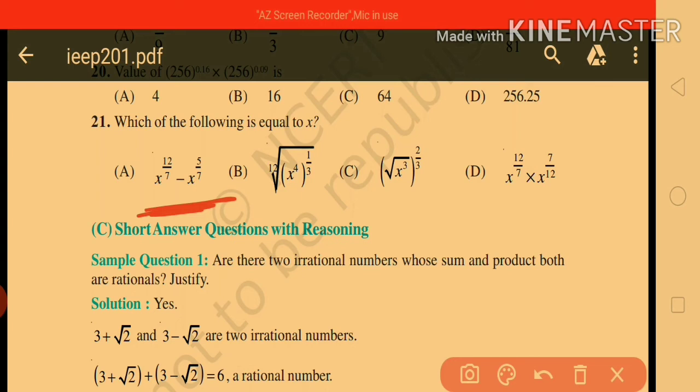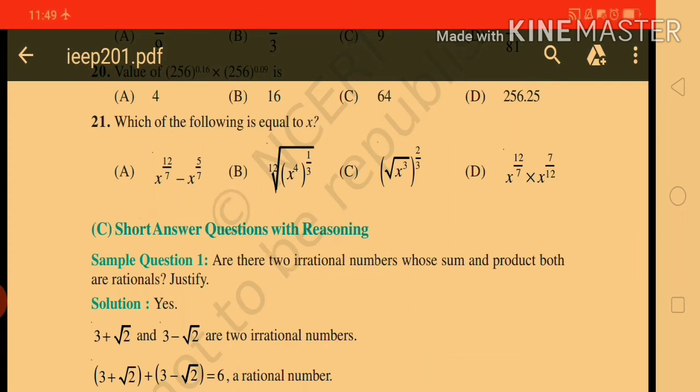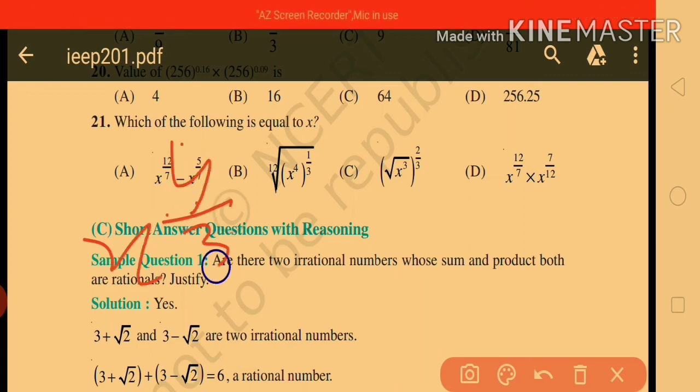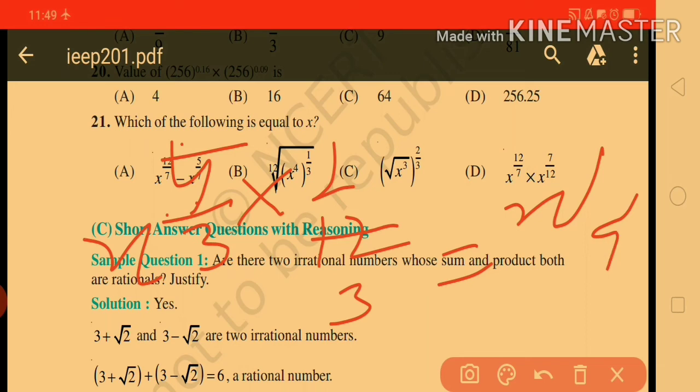So see here, this is x raised to 4 by 3, x raised to 4 by 3, right? And 1 by 12 will come. 4 threes are 12, we will get x raised to 1 by 9.